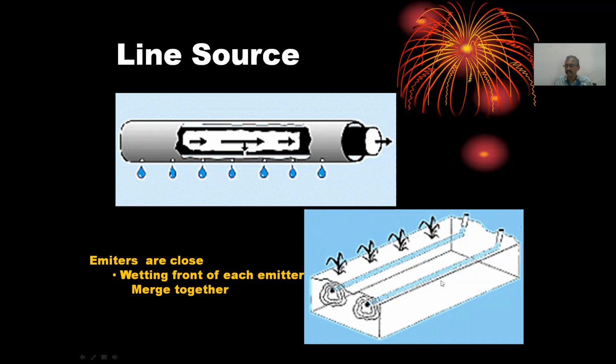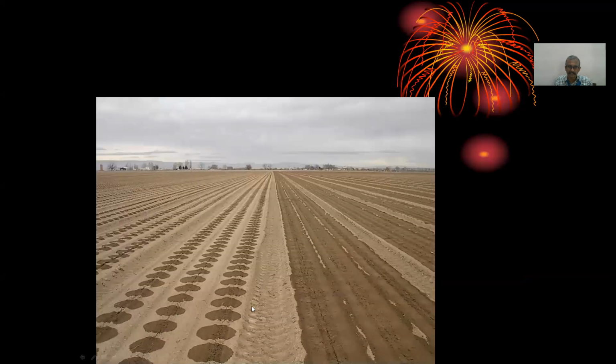And when it is operated within minutes or within a few hours, all these wetted strips will become one single strip. So if wetted zones join together, then that is called a line source.